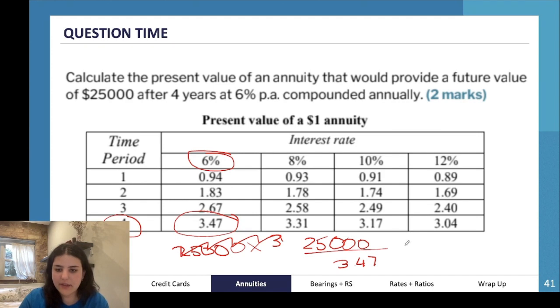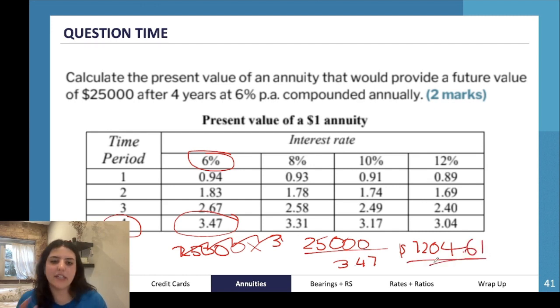And we get $7,204.61. So this is the amount that we need to contribute every year for 4 years to get $25,000 at 6% per annum compounded annually. So if you're asked, how do you find this future value using, like, what would the present amount need to be? That's when you divide by the rate, not times.